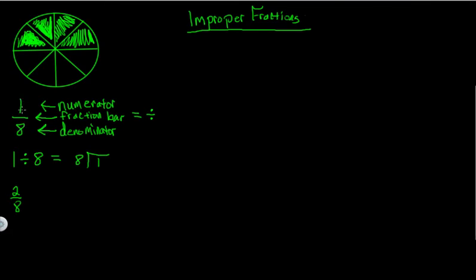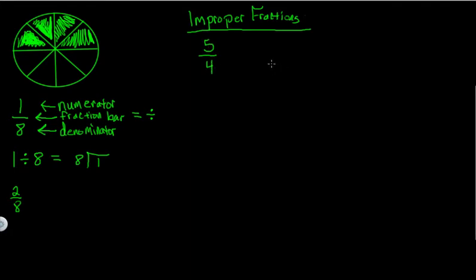The numerator is smaller than the denominator. These are called proper fractions. An improper fraction occurs if I have a numerator that is larger than my denominator. So, for example, 5/4 is an improper fraction because my numerator, the top part, is larger than my denominator.